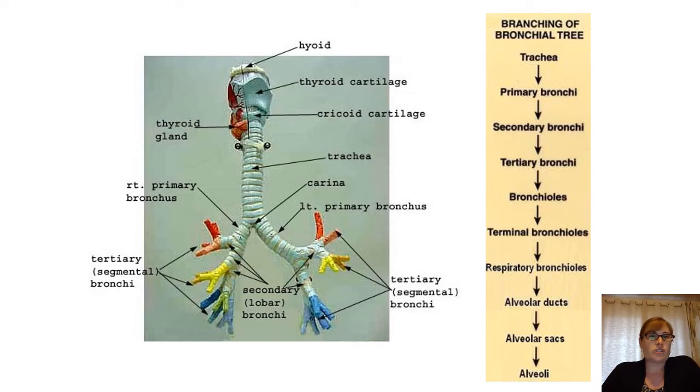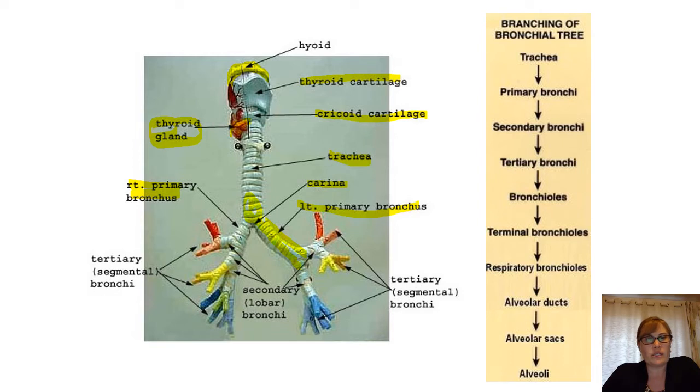Looking at our structures that we already discussed, we have our hyoid bone, our thyroid cartilage and our cricoid cartilage. The thyroid gland we didn't really discuss, but I said it sits kind of down here. Trachea with its C-shaped rings, carina at the base of the trachea. Excuse me, left primary bronchus, right primary bronchus. Remember, your left primary bronchus is not going to be as vertical.